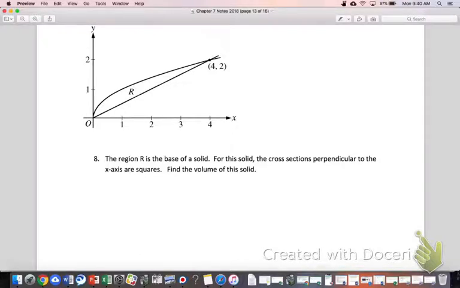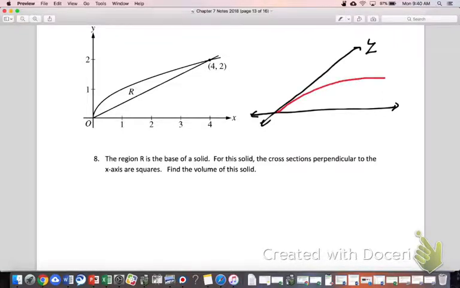So if you would, picture with me off to the side here. I'm going to draw in the y-axis like that, and the x-axis like this, and then my region would, in perspective, maybe look like this.